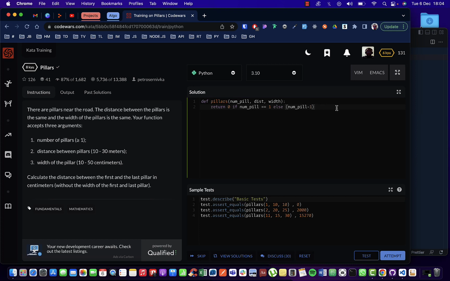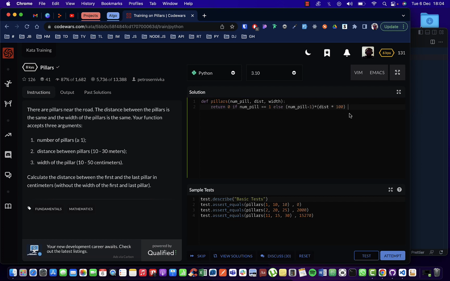So then we'll multiply this by the distance, which is going to be dist, and we have to convert that to centimeters, 100. So now we've been able to solve the distance, but now we also need to find a way to add the number of pillars.